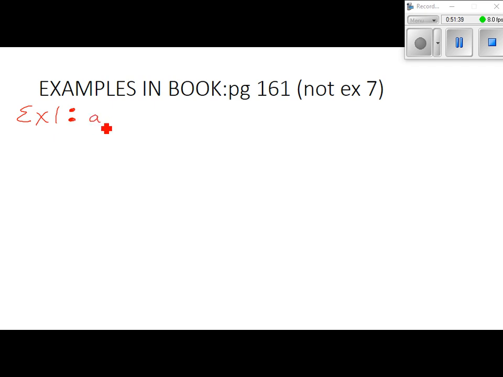Example 1, part A says what, P and R? Kendall, help me out, what's P? Look up there, they tell you what P stands for. The figure is a trapezoid. Does everybody see where she got that from?